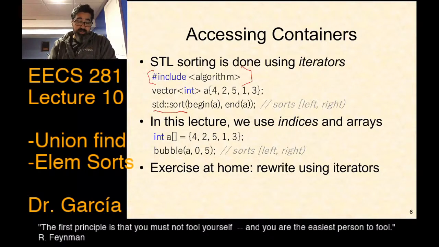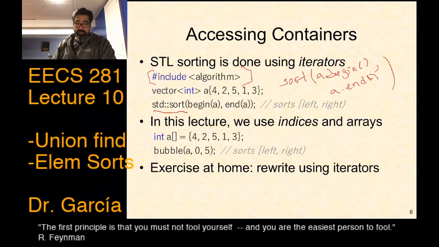If you recall, this begin A is syntactic sugar. You could just as well call it with sort, A dot begin, A dot end. Well, hopefully that makes some sense.